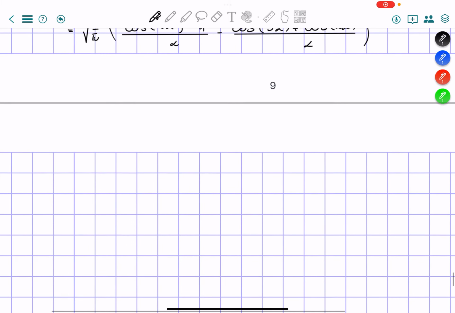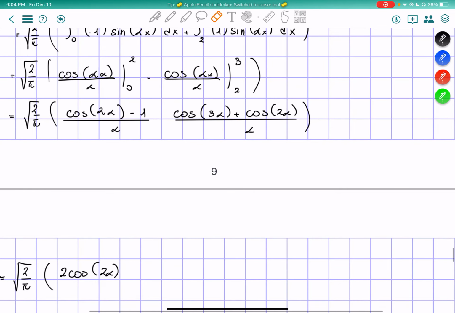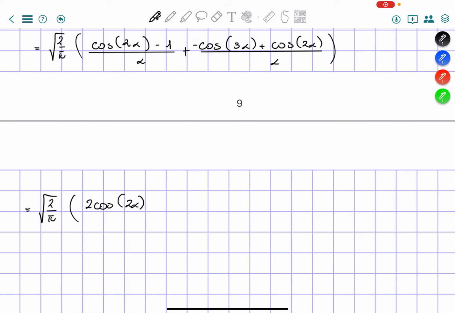Solving this a little bit more, we get square root of 2 over pi, and then 2 cosine of 2 alpha. Oops, sorry, this one is actually going to be positive here, then negative here. Minus cosine of 3 alpha minus 1 all over alpha.